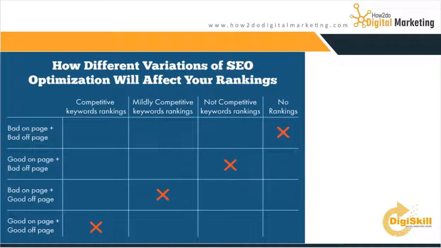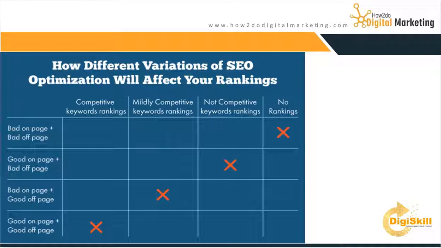Let's look at what happens when you do either of these two badly. If you're good on-page and good off-page, you become very competitive in keyword ranking and have a high chance of coming on page 1. However, if you're bad on-page and good off-page, you will not get ranked very effectively.